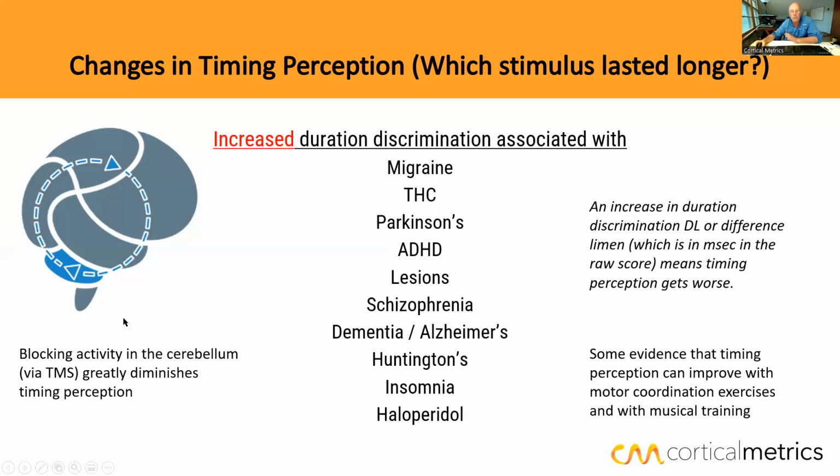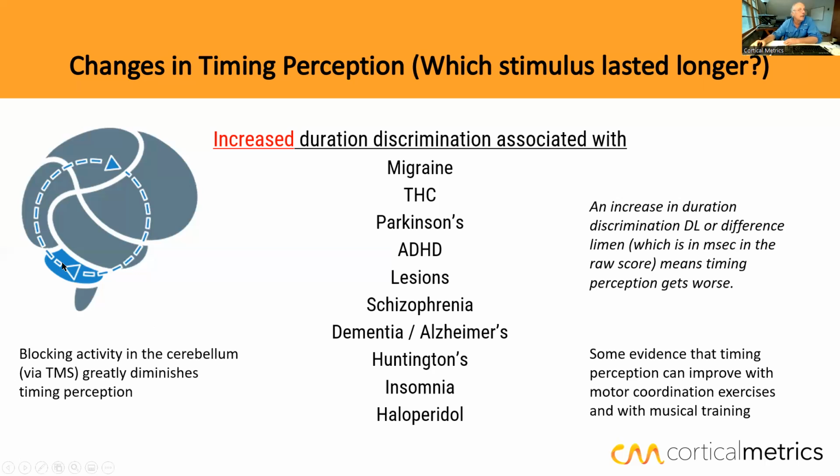Can't blame us. In 3 different labs, they blocked activity in that part of the brain using TMS, just turned it way down, and that greatly diminished people's ability to perform a timing perception task. They could no longer do timing perception.